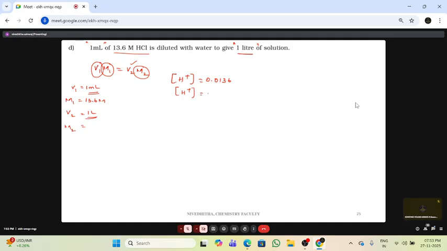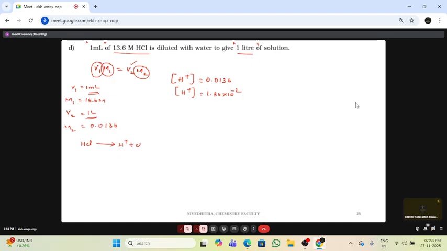So this can be written as 1.36 into 10 power minus 2. Right, Kana? Here you get the concentration of HCl as 0.0136, and upon complete dissociation, one HCl molecule gives one H plus ion.